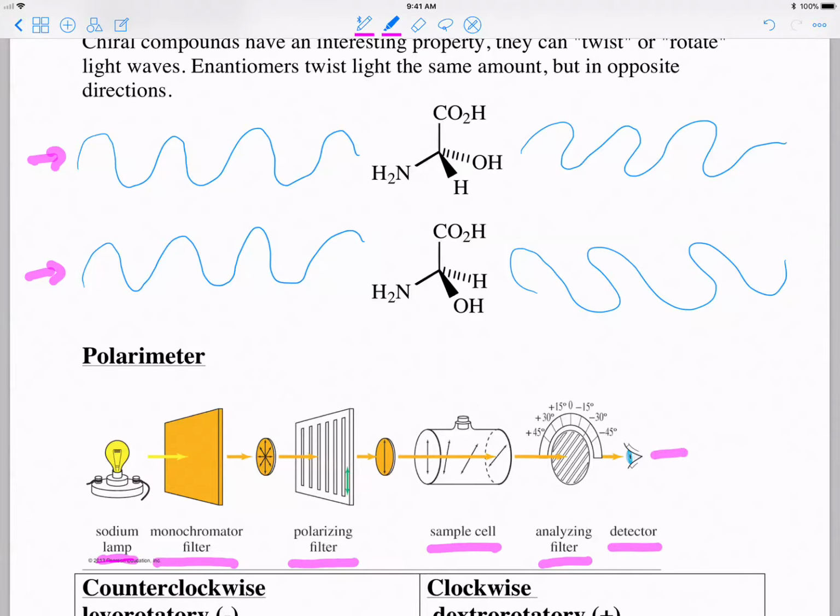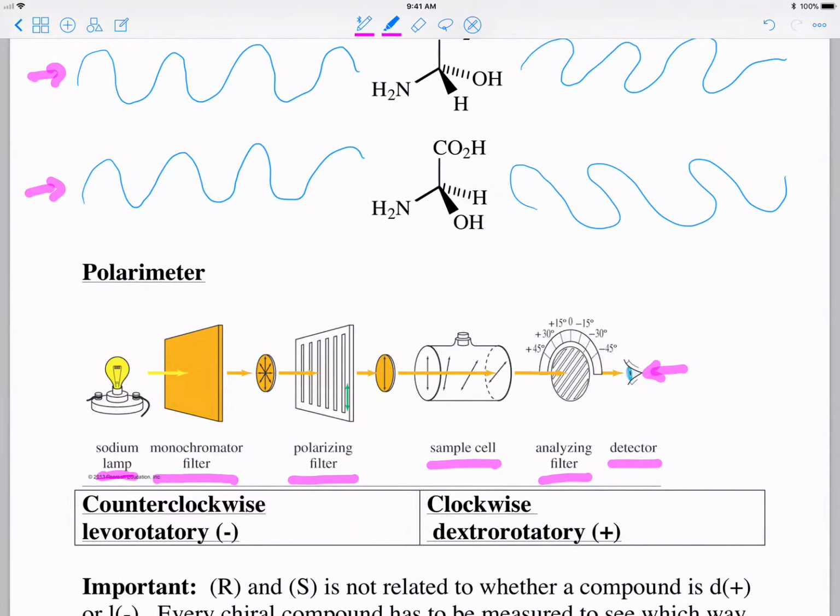Imagine your eye here at the end. If you see the light being rotated counterclockwise, we would call this levorotatory, or in the negative direction. And if you see light being rotated in the clockwise direction, we say dextrorotatory, or the positive.